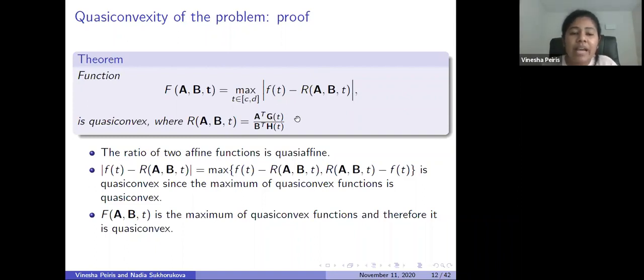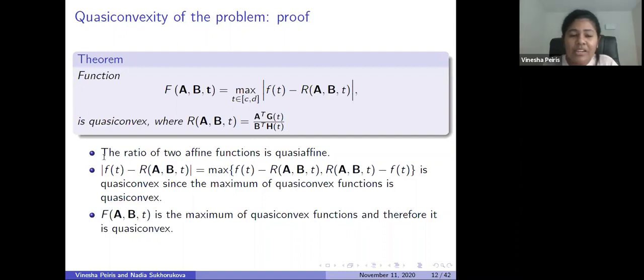So basically, we have a ratio of two linear functions, or we can say a ratio of two affine functions. So if we have a ratio of two linear functions, then the ratio is a quasi-linear function, which means this ratio is quasi-convex and quasi-concave at the same time. So this ratio is quasi-affine or quasi-linear.